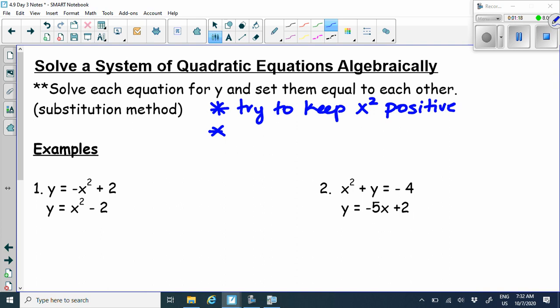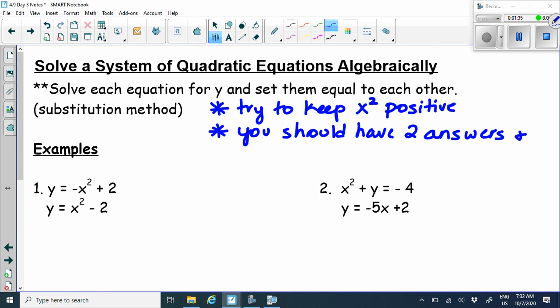And then when you get your final answer, you should have 2 answers, and these 2 answers are going to be written as ordered pairs. So I would definitely make sure you write this down so you remember how to write your final answers.